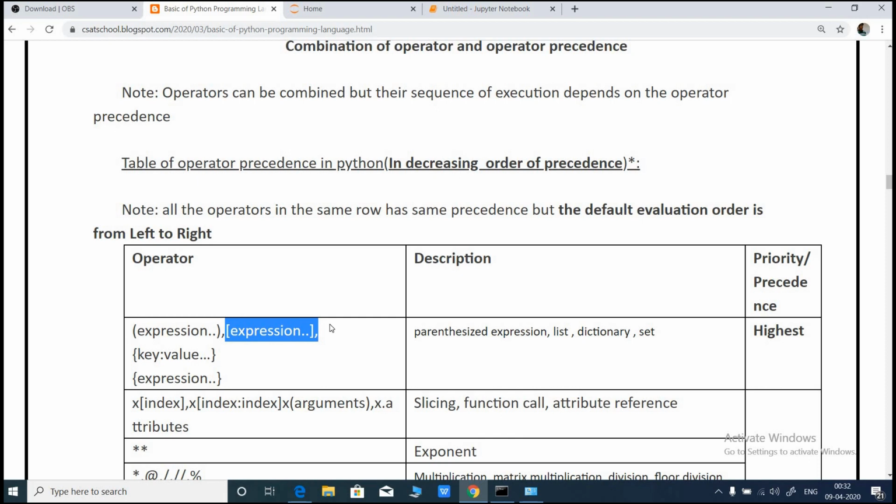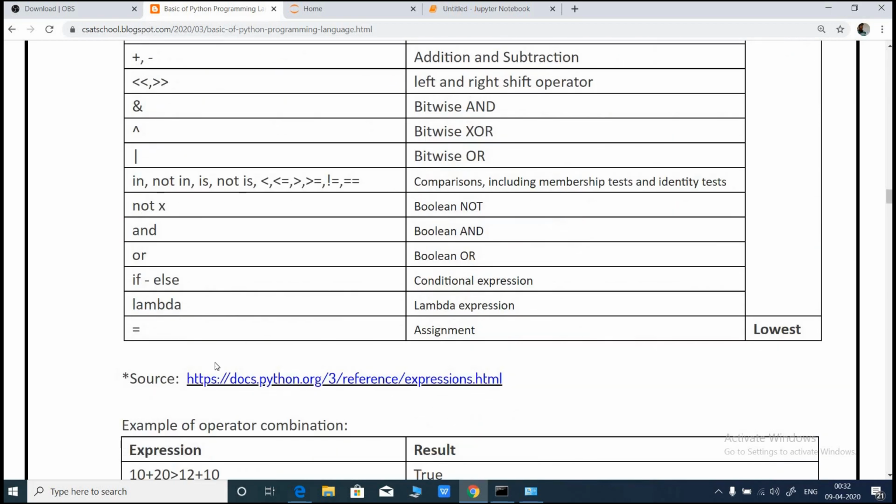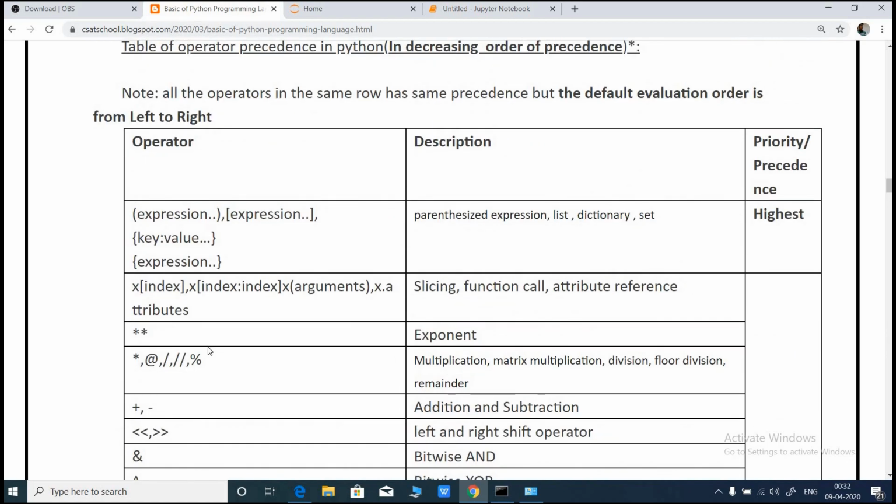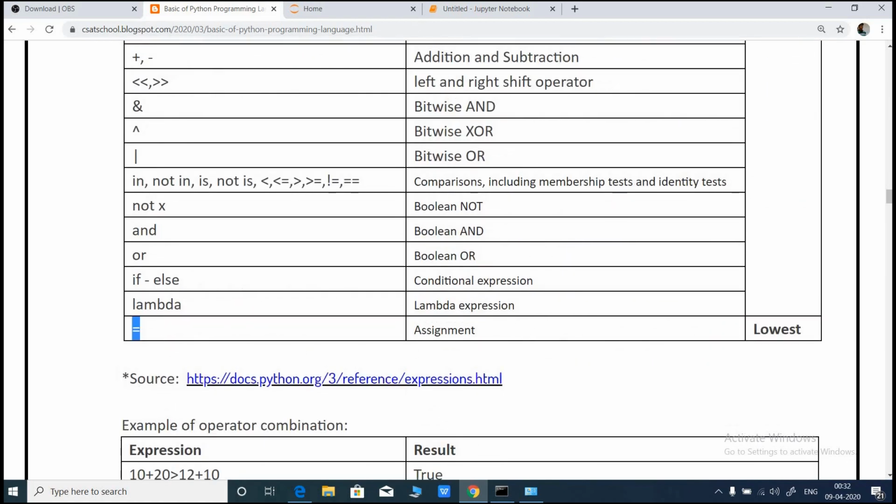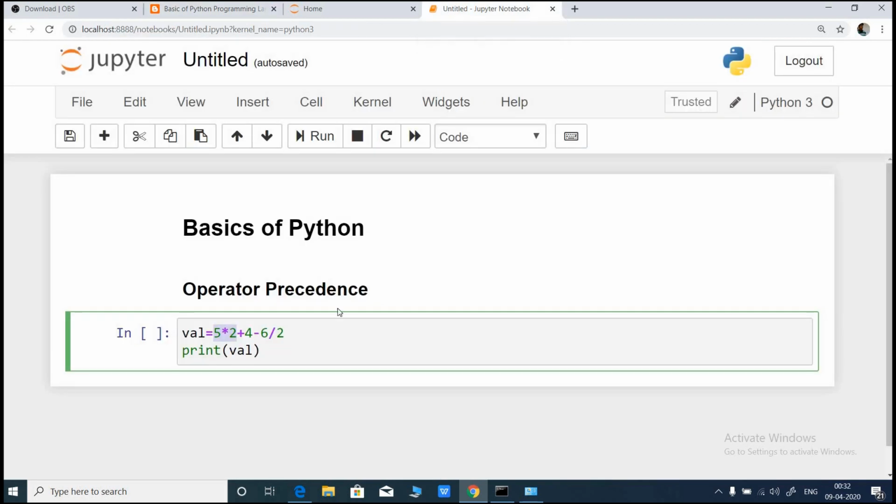That means parentheses will be executed first. As we can see, it's written highest. And the assignment operator has the lowest precedence, and everything in between is there, from highest to lowest.